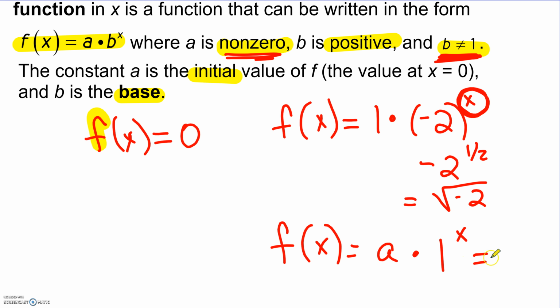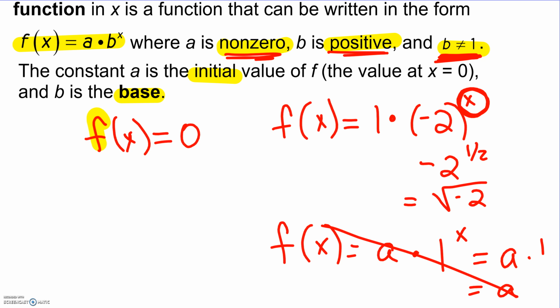So this would just equal a times 1, which is just a. That's not exponential either. That's just a constant function. It would just be graphed as a horizontal line. So that does not give you an exponential. So these 3 issues are really important as far as what the base can be, so you need to watch out for those.